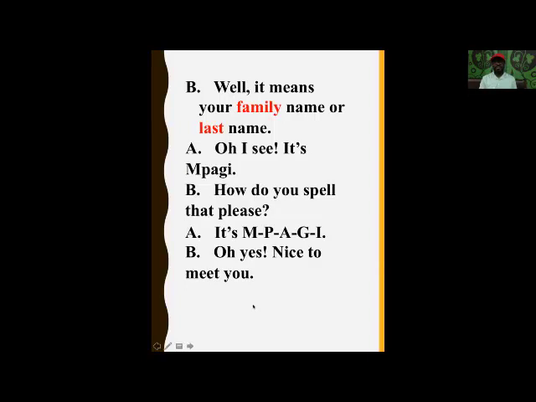Well, it means your family name or last name. Oh, I see. It's Mpaji. Oh, I see. Oh, I see means I have understood. I now know that the word surname means a family name.